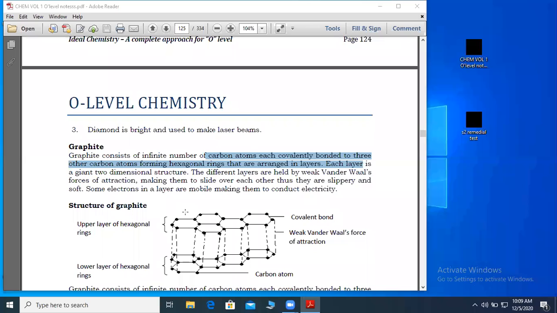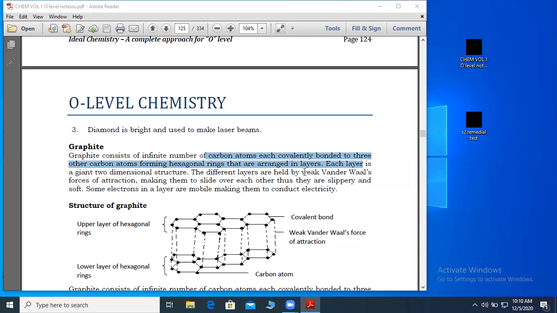So if one carbon atom is bonded to 3 other carbon atoms, that carbon atom is sharing 3 electrons, yet they are supposed to be 4. Okay? That means 1 electron out of the 4 is left not bonding. And that is the thing.